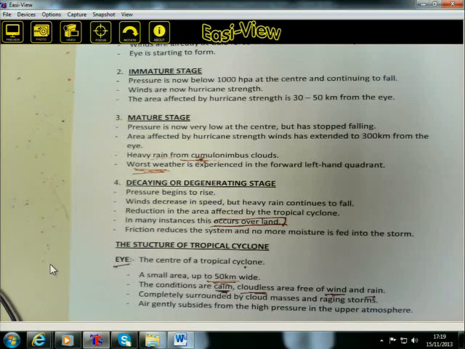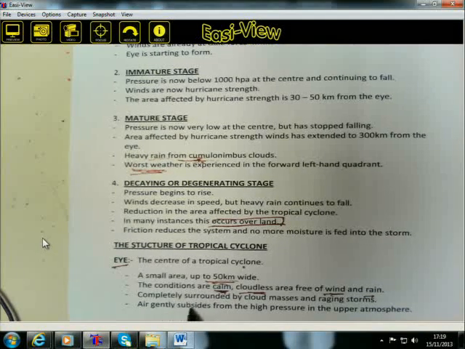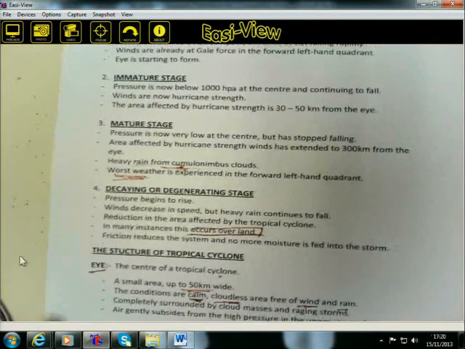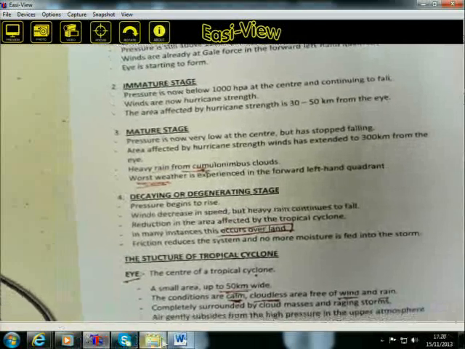Listen to this. Completely surrounded by cloud masses and raging storm, meaning the eye is surrounded by very massive cumulonimbus clouds with the raging storm. Let's go back to our diagram.